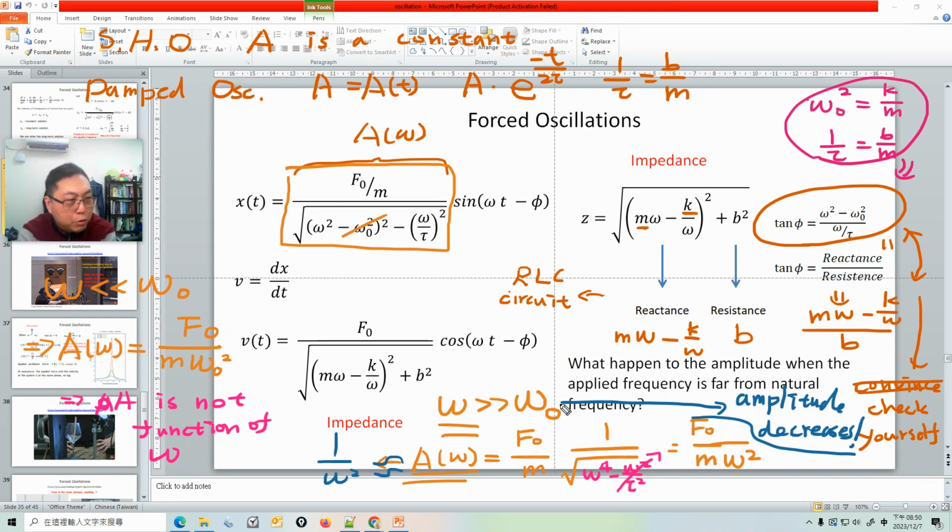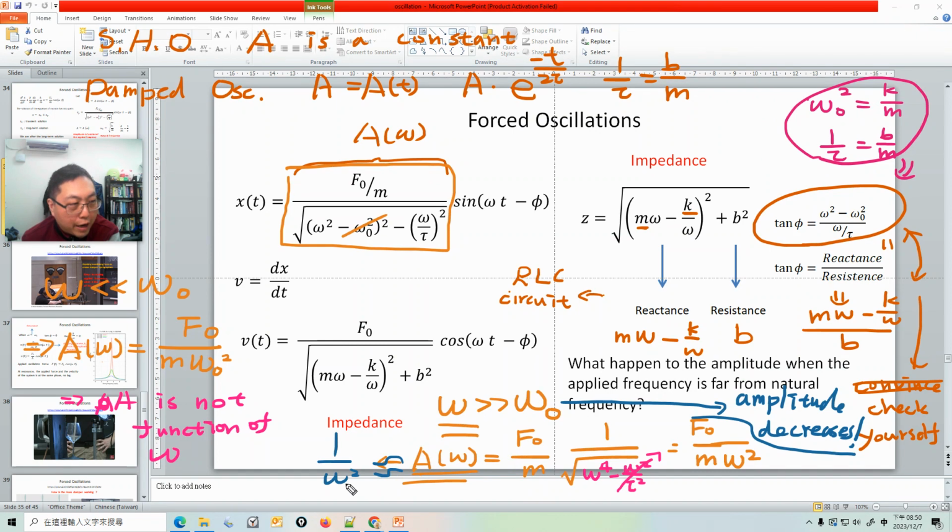That's our intuition. But the relationship here tells you that if your frequency is very high, actually your amplitude decreases. The amplitude is proportional to 1 over omega square, where omega is the applied frequency.